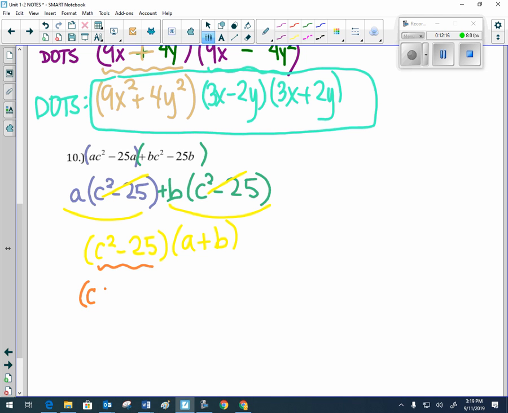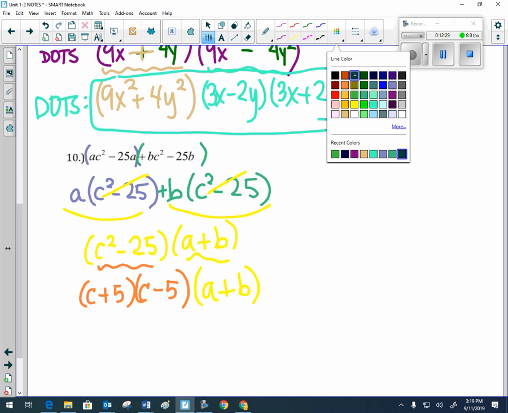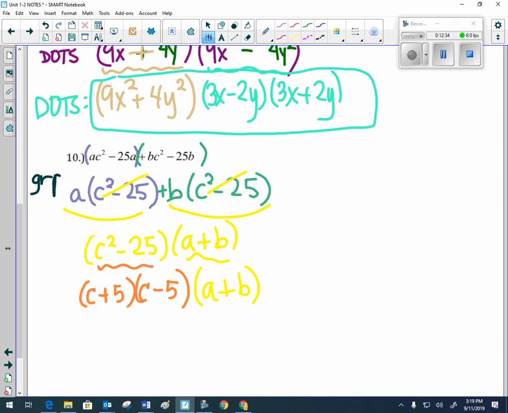So that is going to split up into c plus 5 and c minus 5. The other parenthesis, a plus b, is just going to carry along. So if I go back and regroup for a second on this problem, I did grouping here. I'll just put GRP for grouping, and then in this one I did difference of squares.